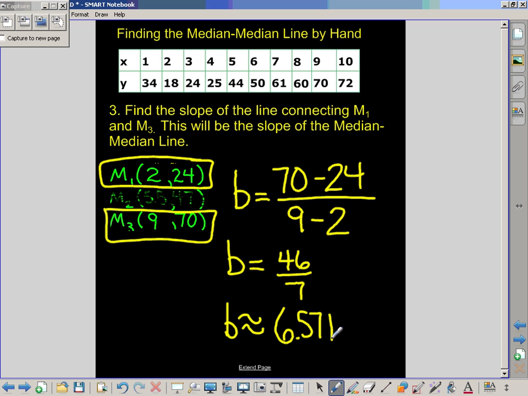My calculator actually says, let's just check here, 6.571428571. Let's write that down.